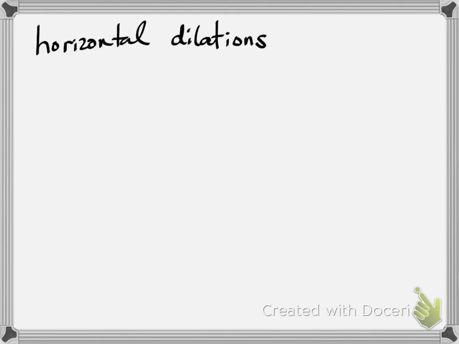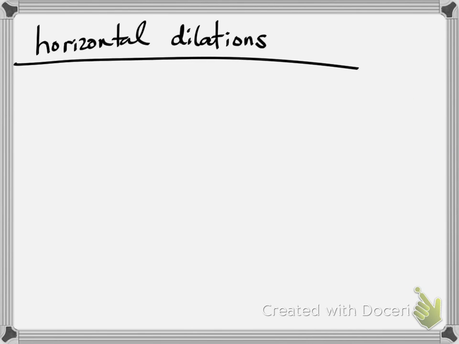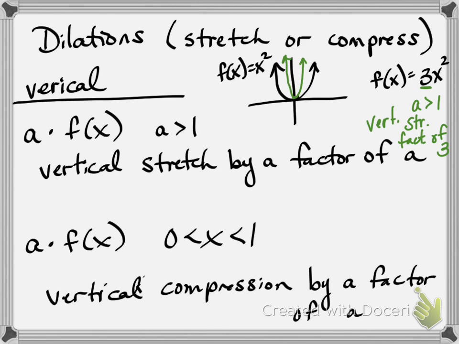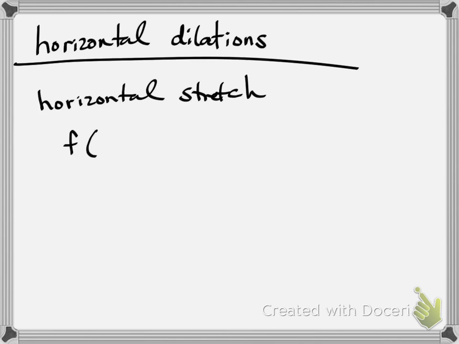Okay. Now horizontal dilations also have stretches. So a horizontal stretch looks like f of bx.